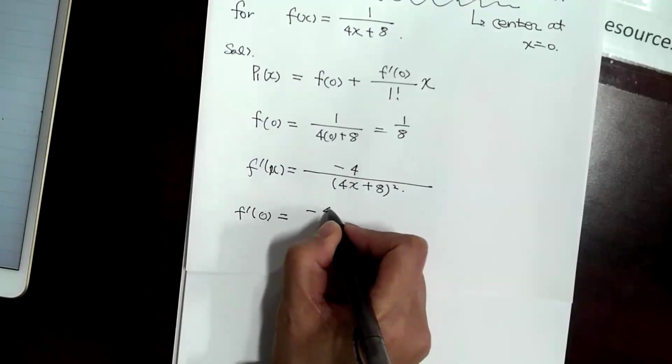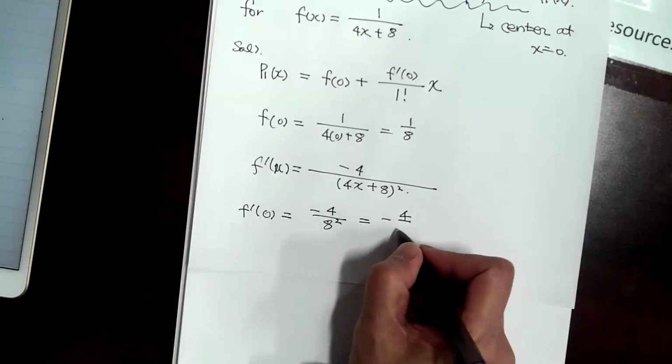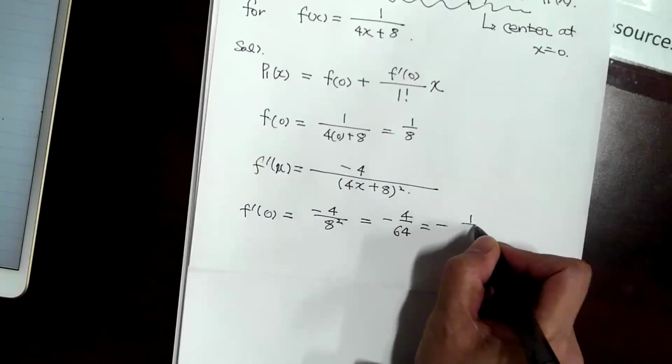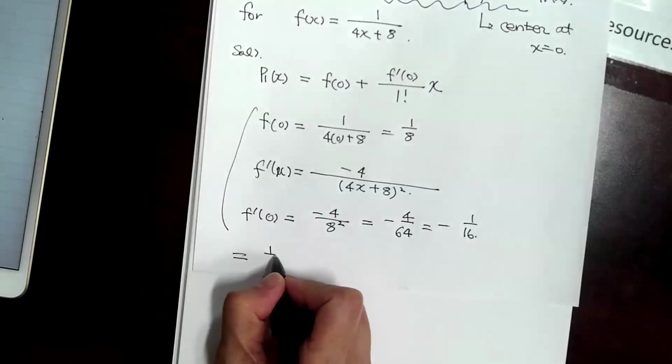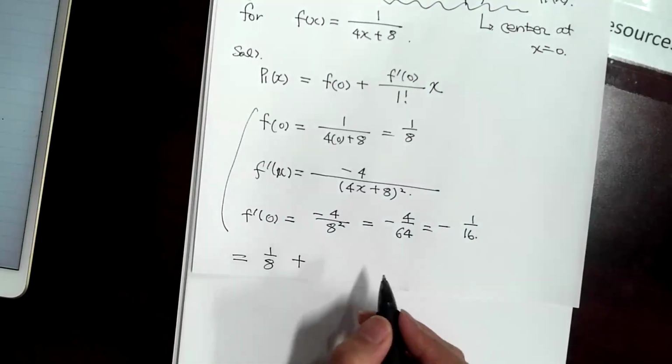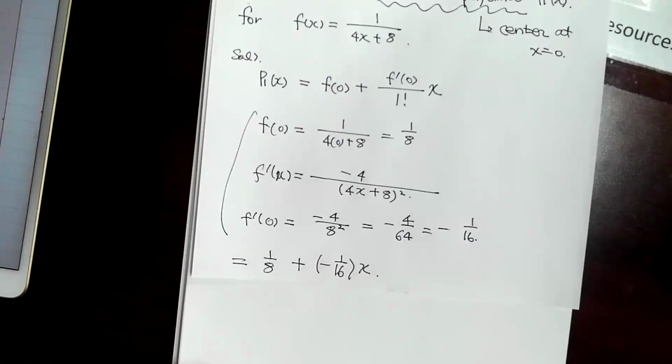That is minus 4 over 8 squared, which is minus 4 over 64, which is minus 1 over 16. So f of 0 is 1 over 8 plus f prime of 0 is minus 1 over 16 times x. Do you have any questions?